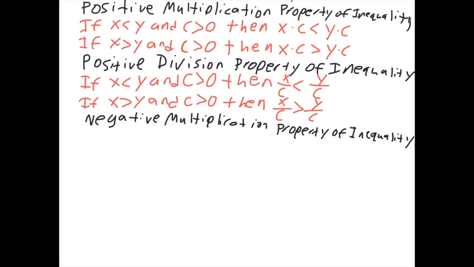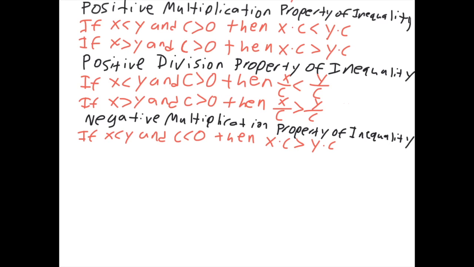Now for the fun part, the negative multiplication property of inequality. So with this one, it says if x is less than y and c is less than 0, so some negative number, then x times c is greater than y times c.